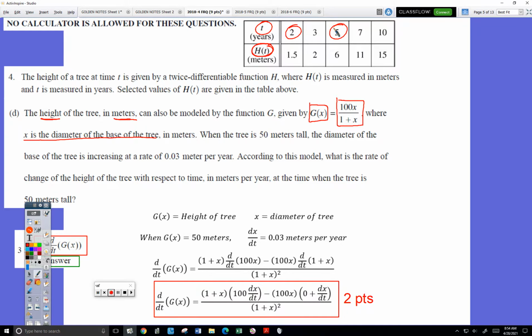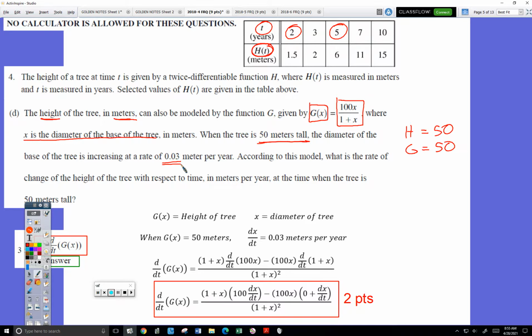When the tree is 50 meters tall, so that would be when h is equal to 50, or g is equal to 50. The diameter of the base of the tree is increasing at a rate of 0.03 meters per year.